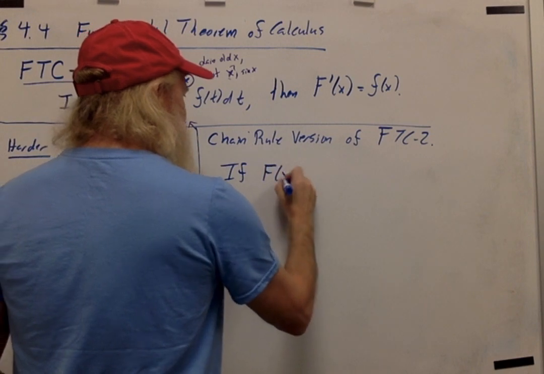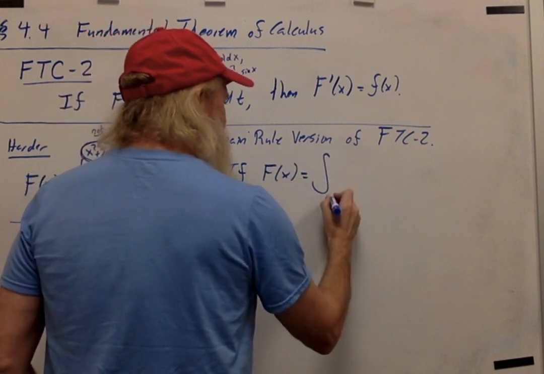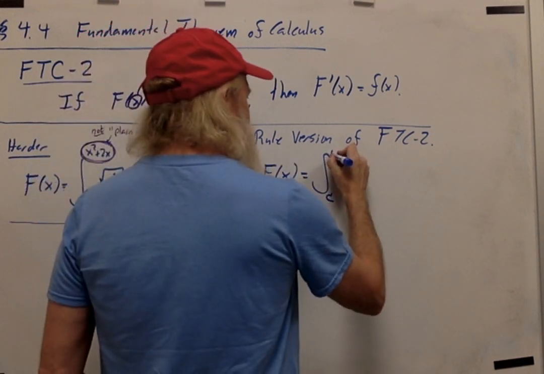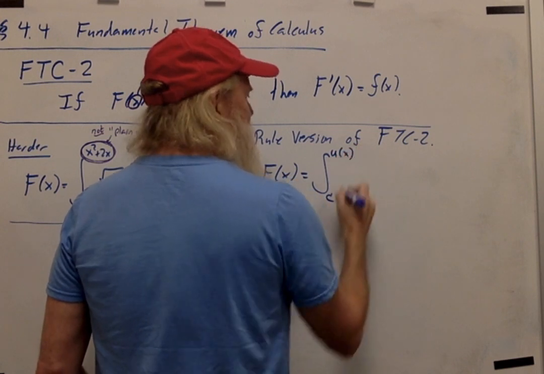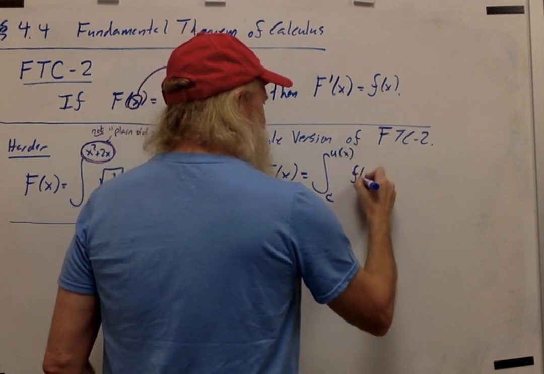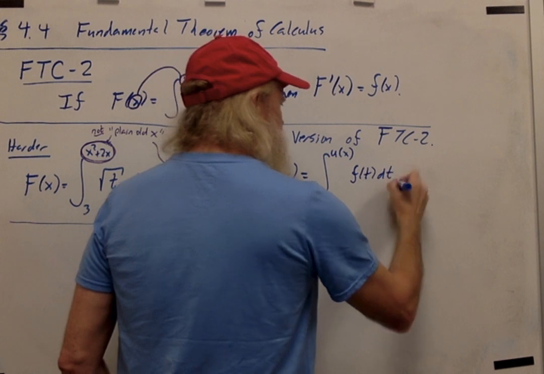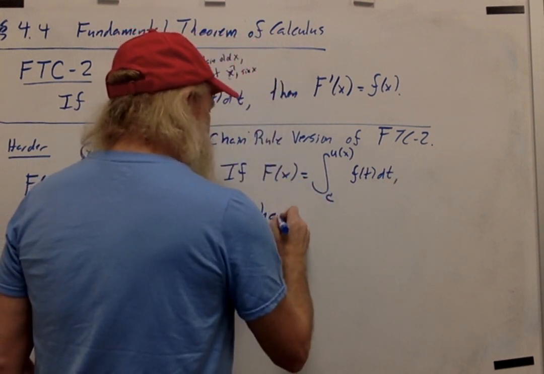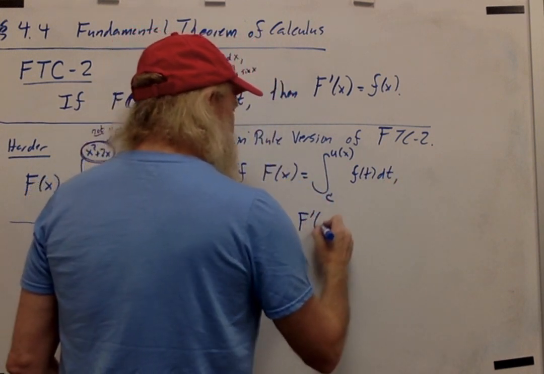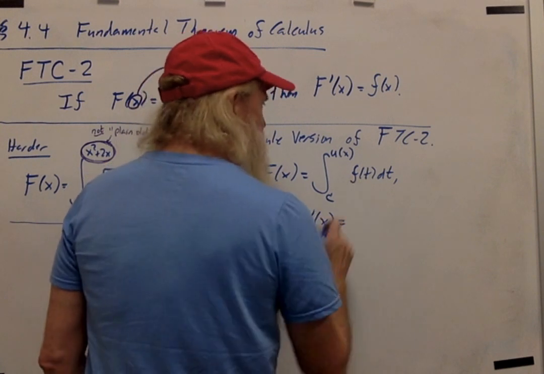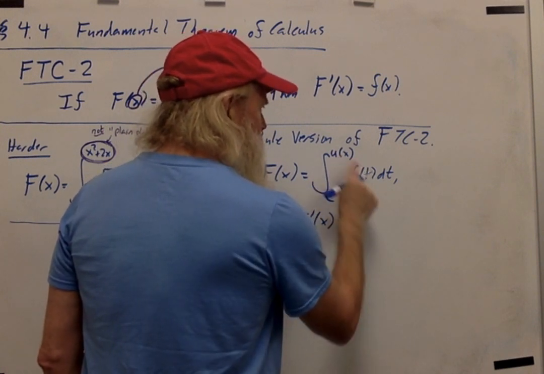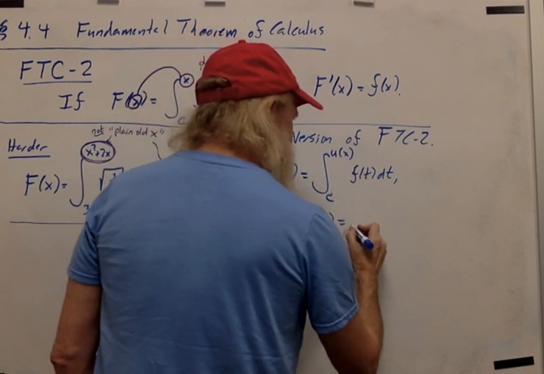If big F of x is equal to the integral from a constant to a function u of x of little f of t dt, then big F prime of x is going to be gotten by taking the u and substituting it into the t.